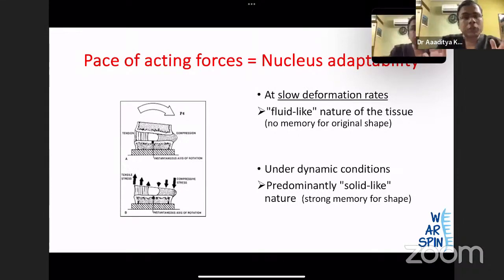So this nucleus is very peculiar in terms of adaptability. Let's say if a slow pace force is acting on the disc, then it takes a fluid-like nature which has got no memory to the original shape. Whereas whenever a dynamic force is acting on the disc, it attains a solid-like structure, which has got very strong memory for the shape.